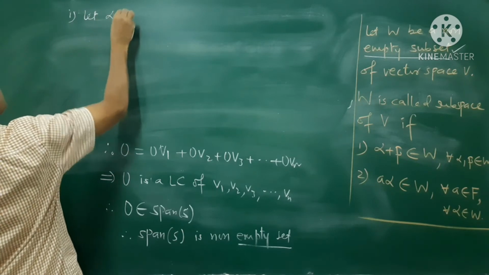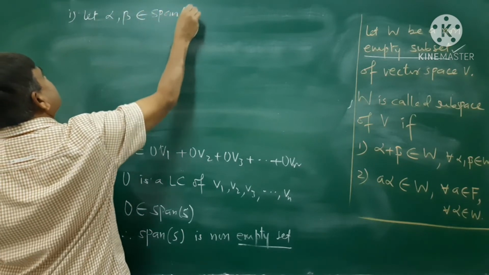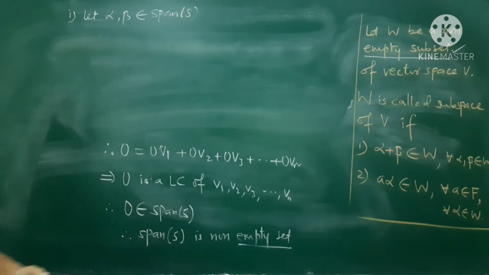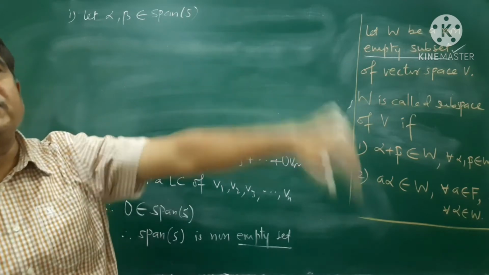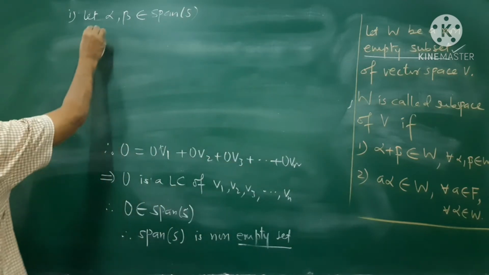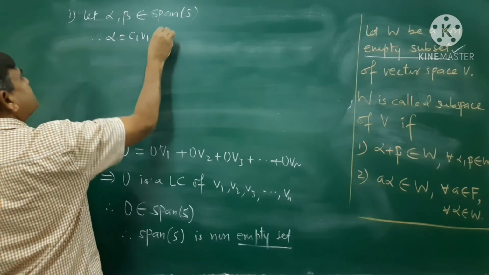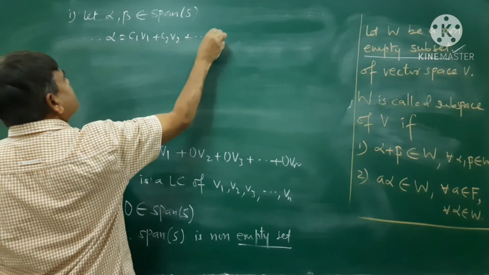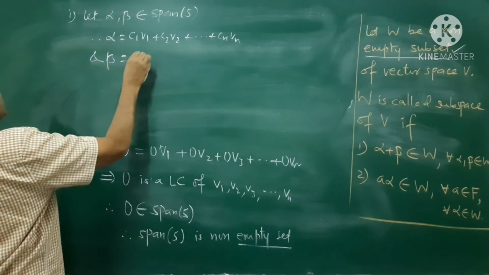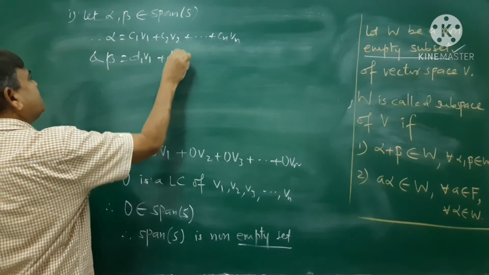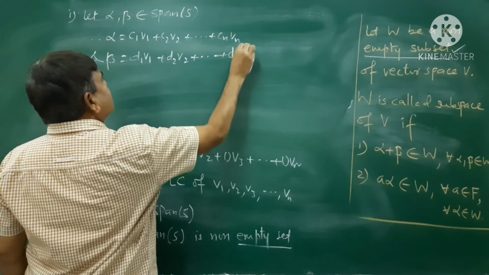Let alpha, beta belong to span S. Which type of elements are in span S? Linear combinations of V1, V2 up to Vn. So alpha is C1 V1 plus C2 V2 up to Cn Vn, and beta is suppose D1 V1 plus D2 V2 up to Dn Vn.